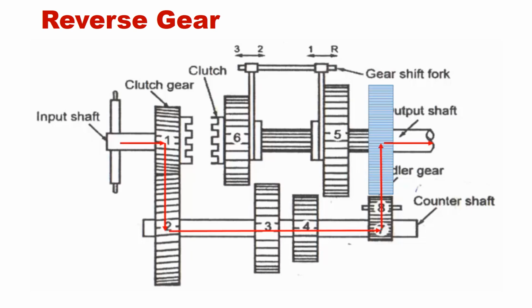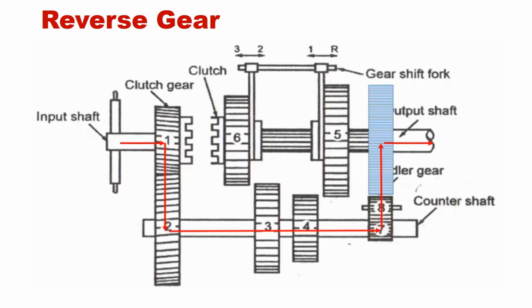The seventh gear also rotates anti-clockwise, but we added an idler gear, number 8, which rotates clockwise. Since the 8th gear rotates clockwise, the 5th gear, the reverse gear, engaged with gear number 8, rotates anti-clockwise. So automatically the vehicle will come back.